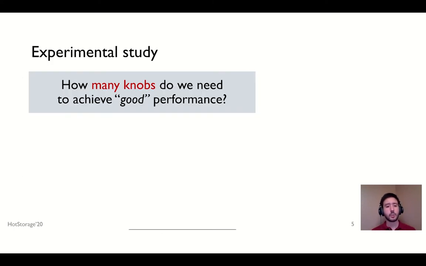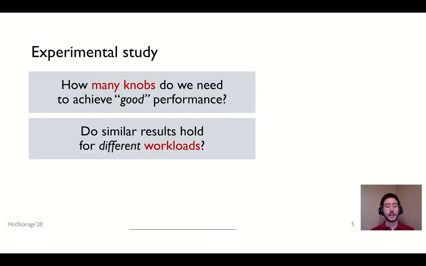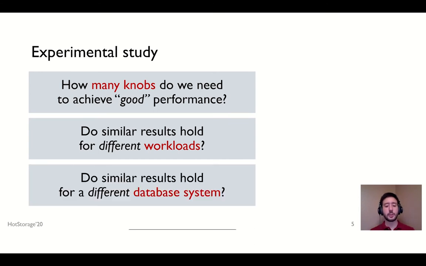So in this work, we conducted an experimental study, and we experimented with a single workload first, asking how many knobs we need to achieve good performance. Then we extended our work to other workloads, and finally we experimented with a different database system.